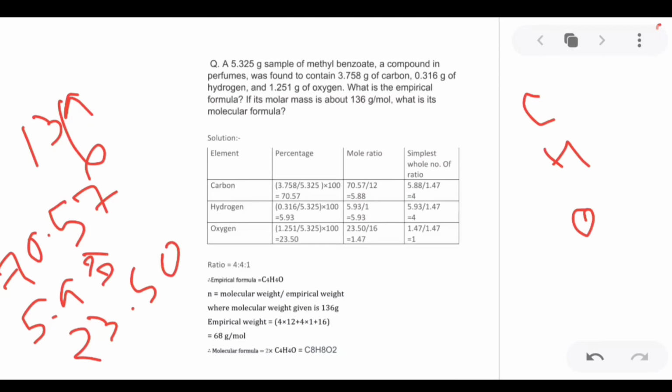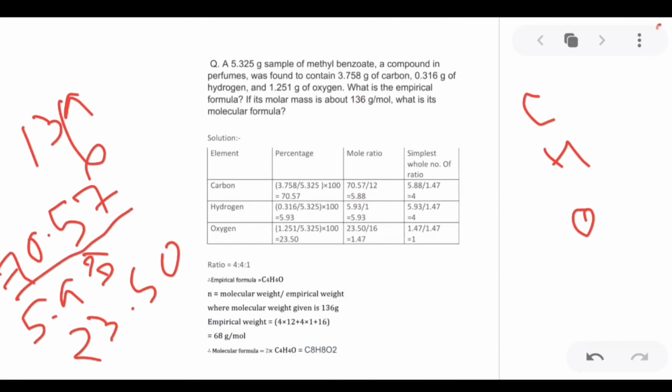Now we'll determine the mole ratio. How will you determine the mole ratio? Mole ratio is determined by dividing the obtained weight by the atomic weight. The atomic weight of carbon is 12, so dividing 70.57 by 12 we'll get 5.88.